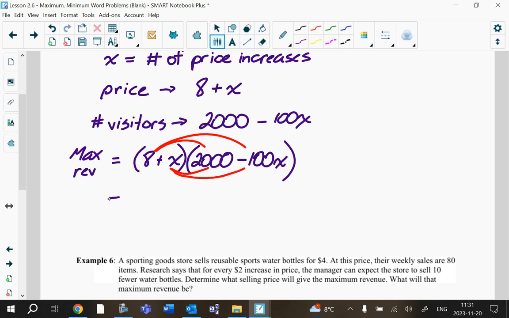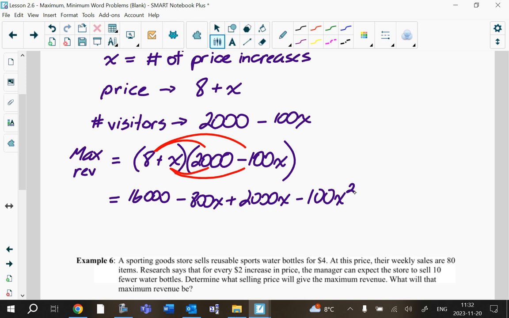So 8 times 2,000 gives me 16,000. 8 times minus 100x gives me minus 800x. x times 2,000 gives me plus 2,000x. And plus x times minus 100x gives me minus 100x squared. But that's not in the right order.